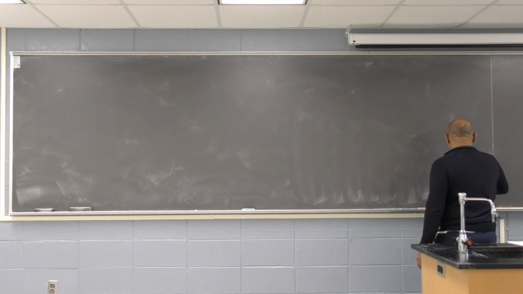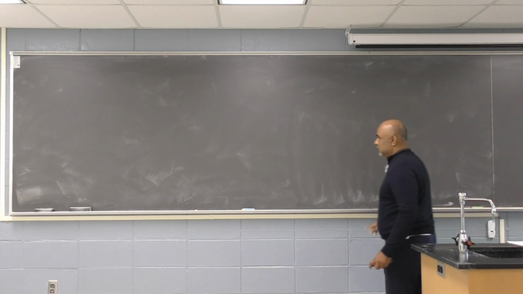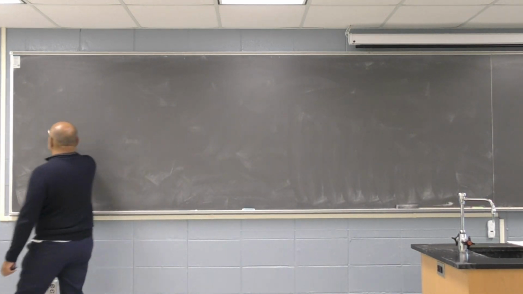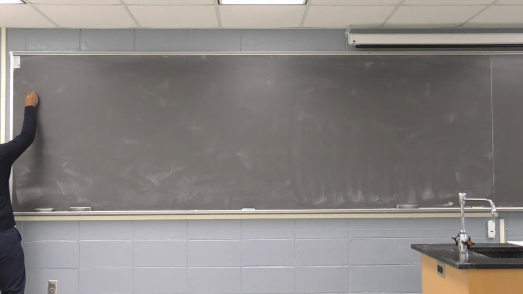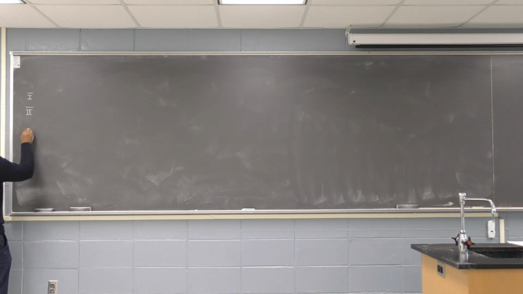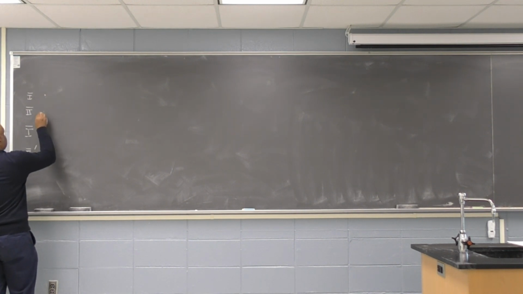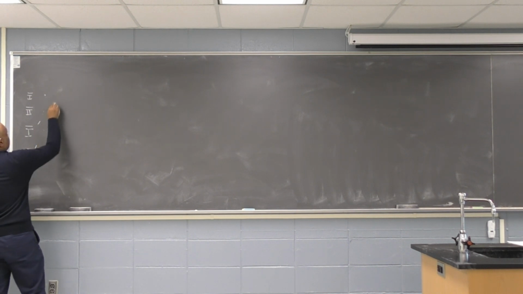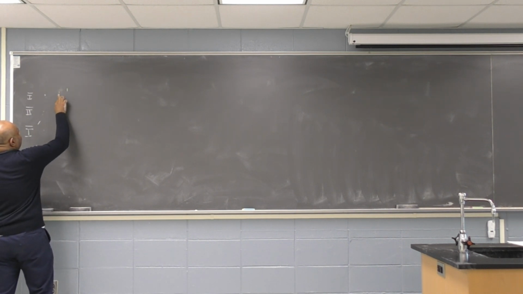I'm going to define one bar, 2 bar, 1 bar prime, and in each case I'll define little u.